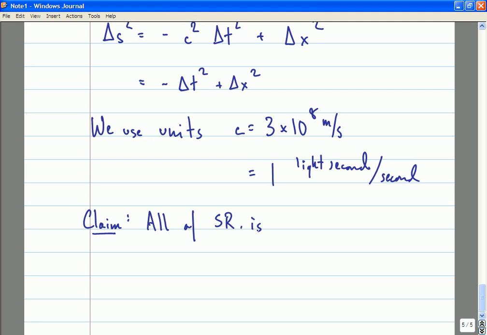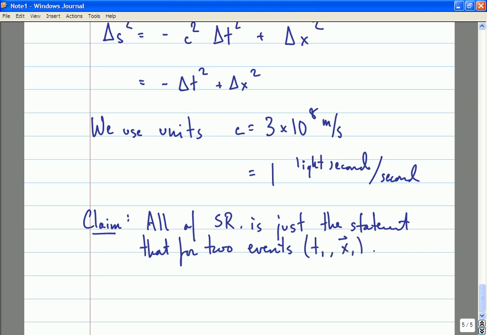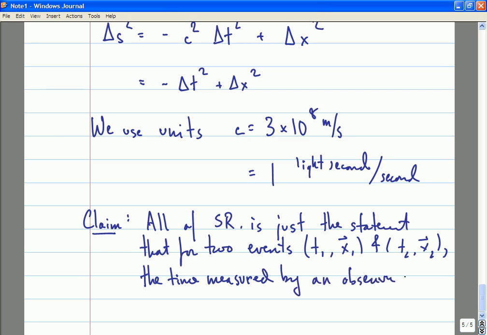It's just a statement that for two events, say t1 x1 and t2 x2, the time measured by an observer moving at constant velocity between those two points is given by the formula.